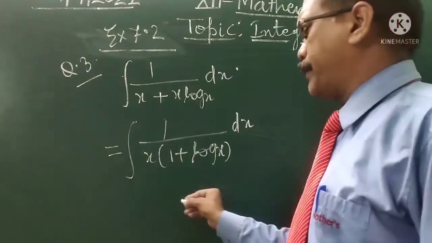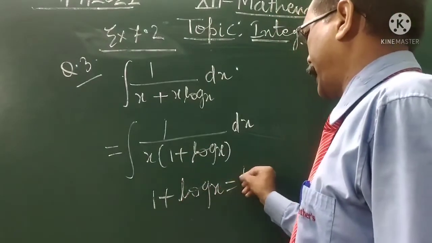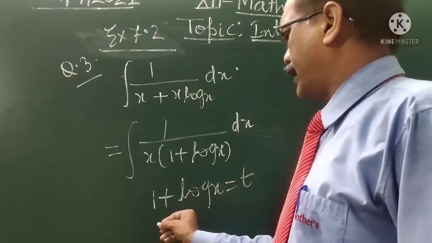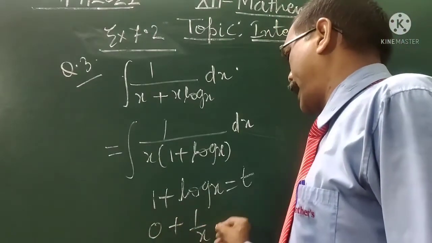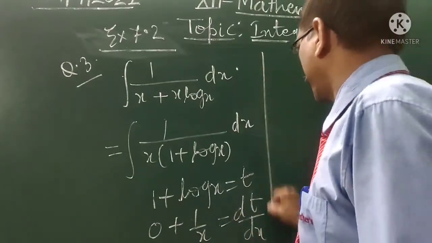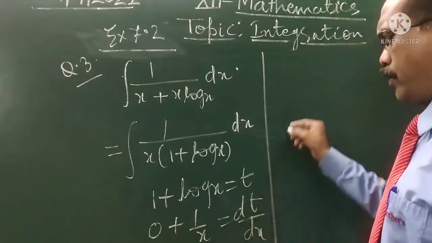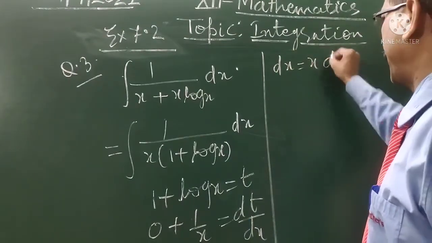Dear student, here we will substitute 1 plus log x equal to t. Then the derivative of 1 is 0, of log x is 1 upon x, equal to dt over dx. Now the value of dx is x dt.